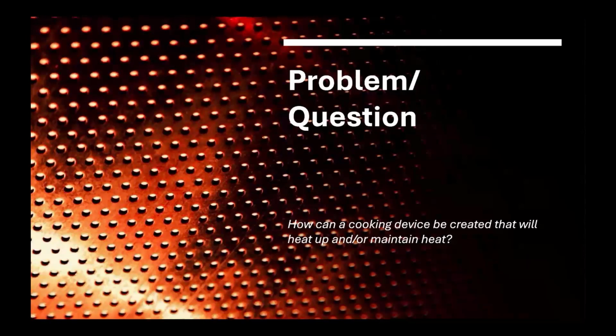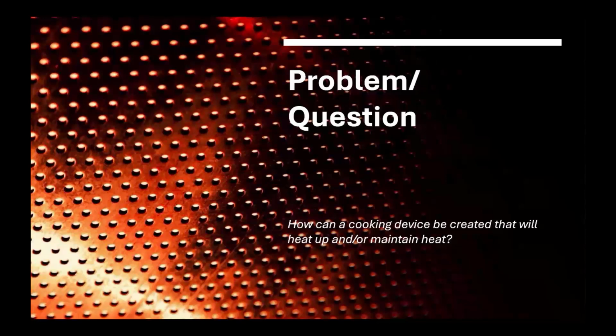Okay, so the problem or the question that you're going to pose, as I already mentioned, what I was posing to the students was how they can create a cooking device that models or demonstrates heat transfer. My question, I put it on the board. The way my board is set up, I put it with my phenomena as well, because I'm still using and referring back to my phenomena, even though I am doing a PBL lesson or unit.